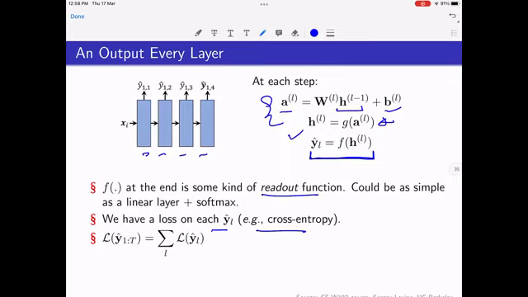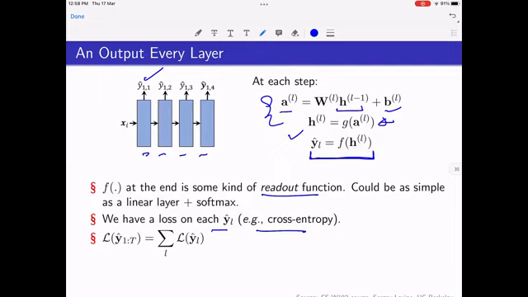At each time step, you have some ground truth word. If the word which has the highest probability in your prediction does not match the ground truth word, then you compute the loss, which can be cross entropy loss.